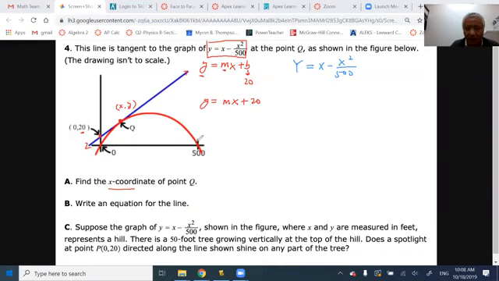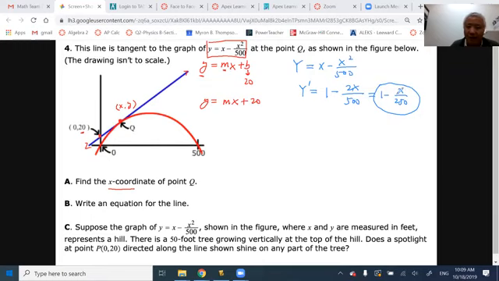If you take the derivative of that, you will get 1 minus 2x over 500, using the power rule. Simplify, and you get 1 minus x over 250. Now, this represents the slope.